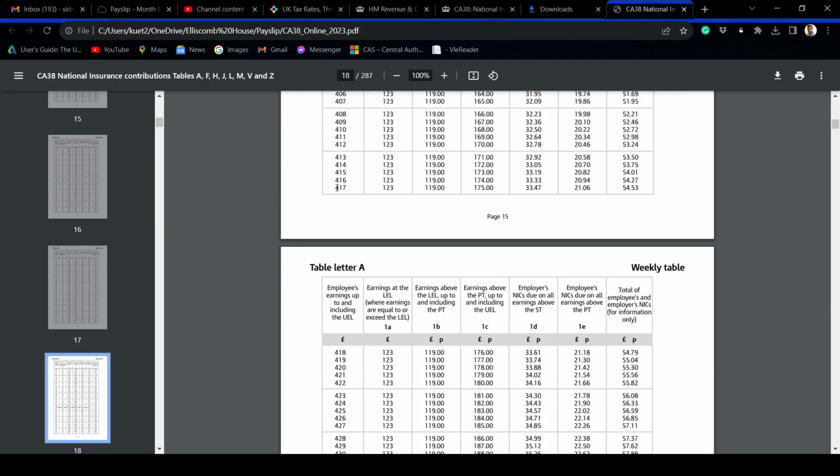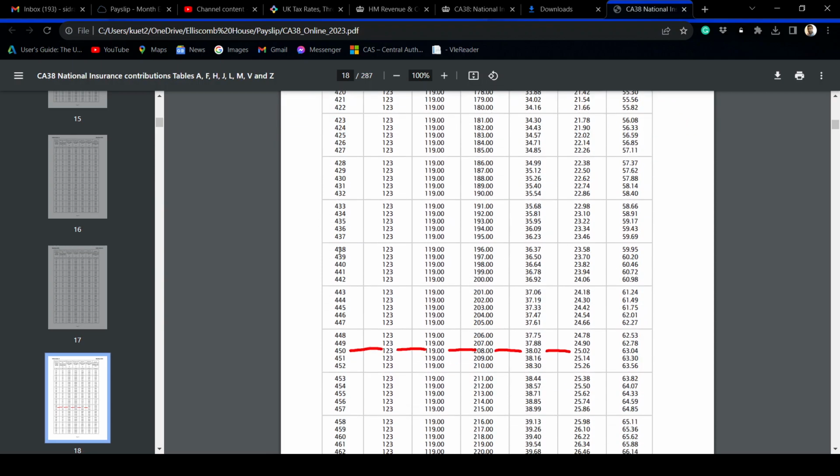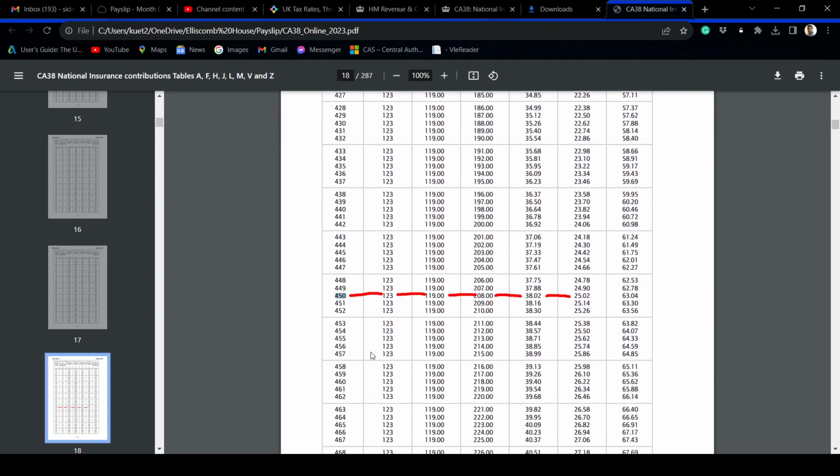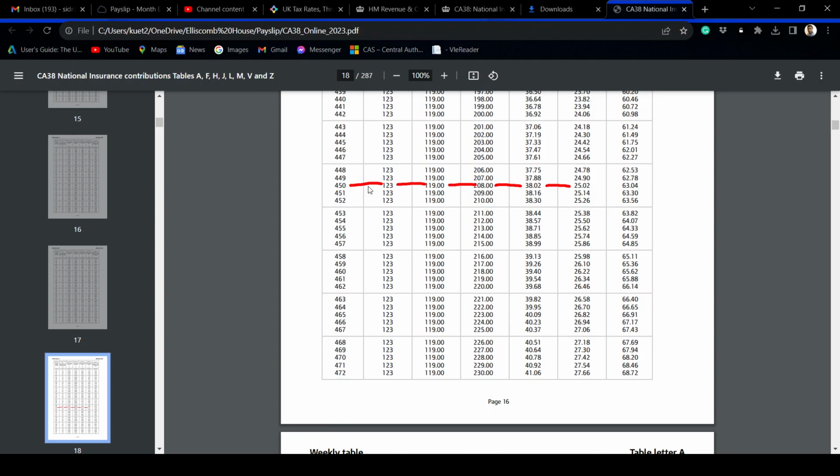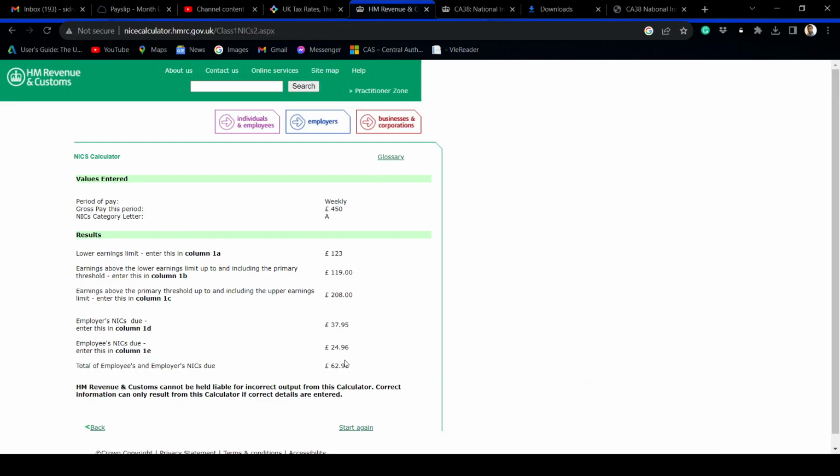threshold here. So that's 417 there, that's 450, right? So for 450 the national insurance, the employee contribution, is coming to £25 and 2 pence, right? When you calculated with HM Revenue, it came to nearly £25.